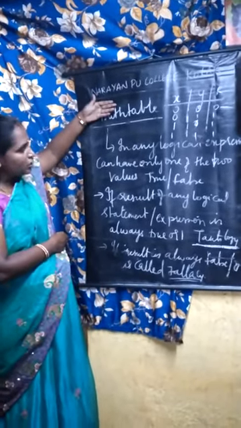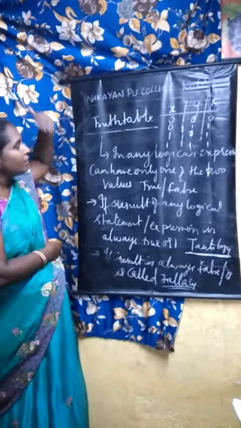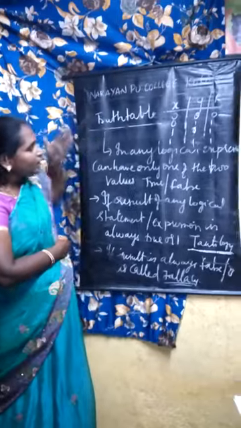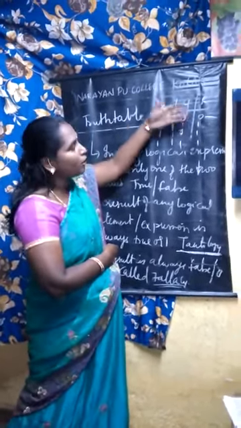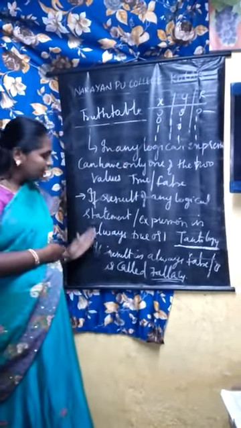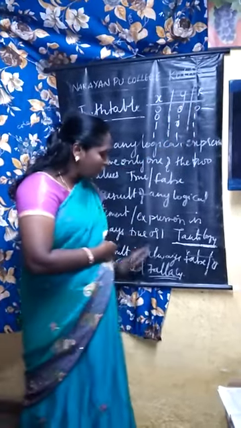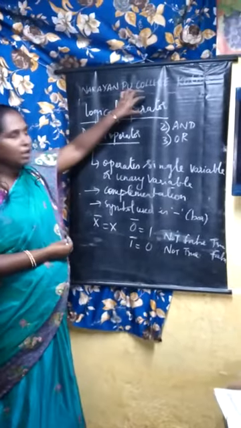In any expression, the values can have one of two possible values, and these can be stored in the form of a table. We call it the truth table. If the result always produces true or always 1, that is a tautology. If the result always produces 0 or false, we call it a fallacy.